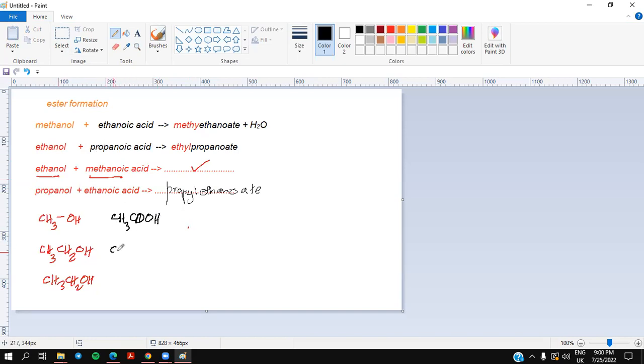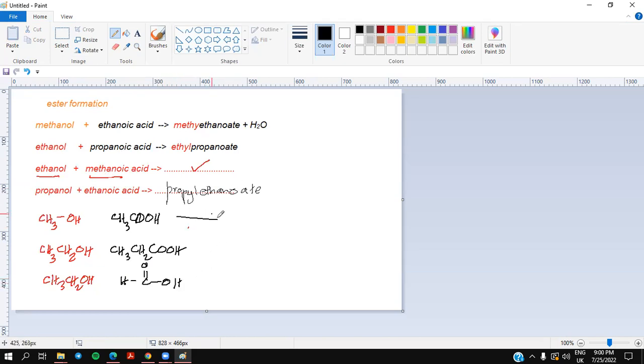Propanoic acid means a 3 carbon containing carboxylic acid, CH3CH2COOH. Third one we have methanoic acid, HCOOH. I'll write like this.